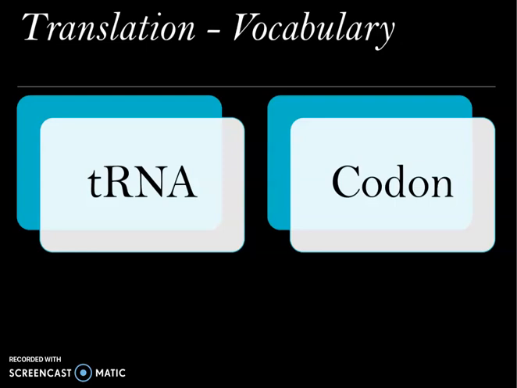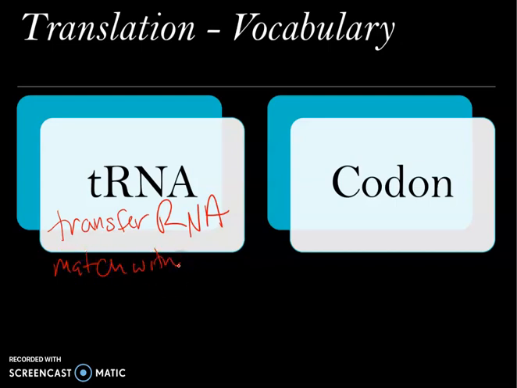So, some important vocabulary when we're talking about translation. Our big player here is tRNA, and that's transfer RNA. So what the tRNA is doing is it's taking that code from the mRNA and actually pairing it up with an amino acid. So our transfer RNA here will match with an mRNA strand.